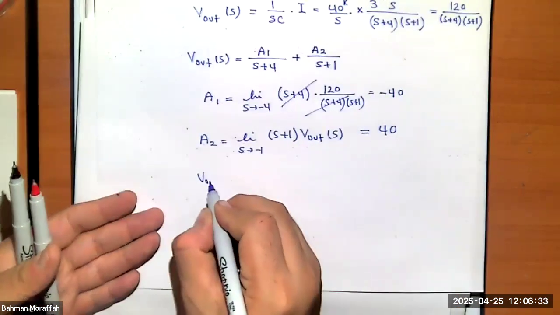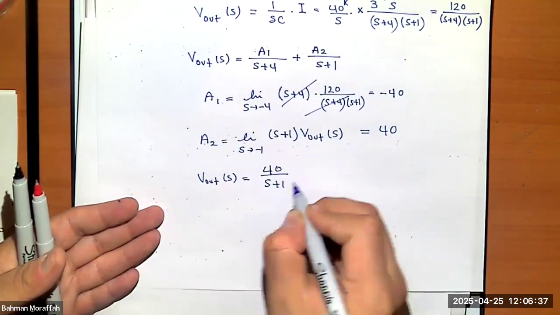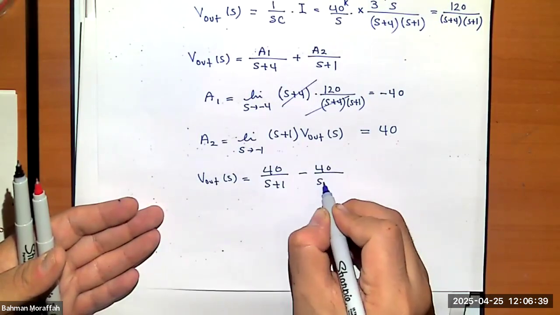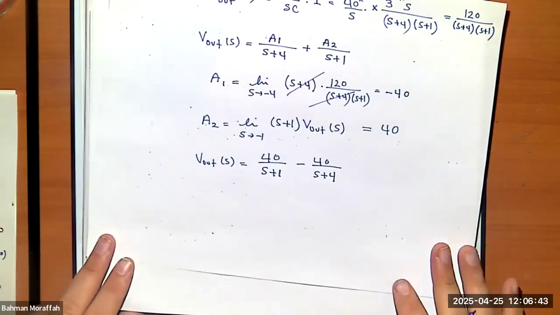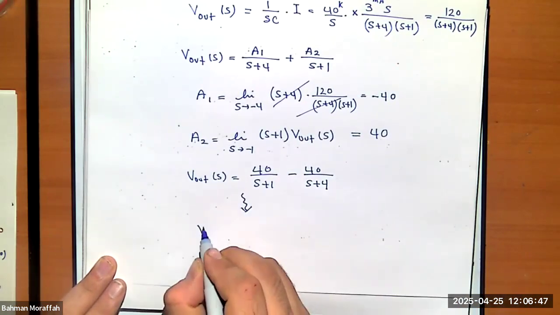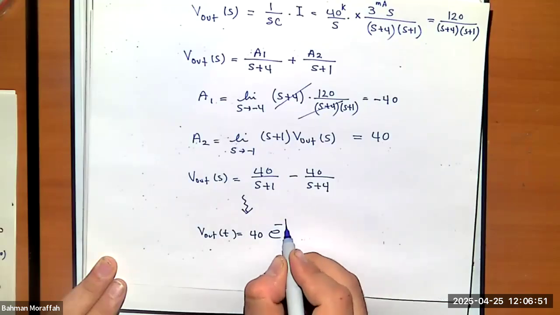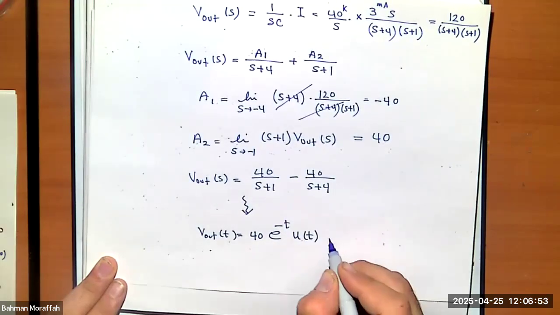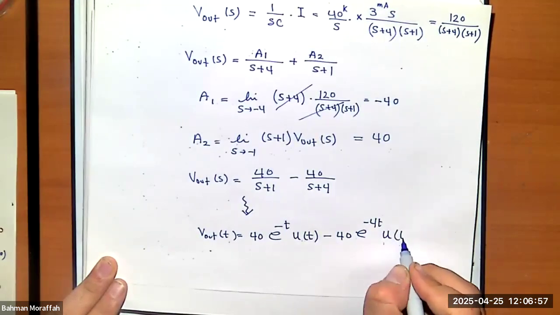Therefore, V out of S is 40 divided by S plus 1 minus 40 divided by S plus 4. Now we can go back to the table and compute v(t). V out of t is 40 times e to the power of minus t minus 40 e to the power of minus 4t, times u(t).